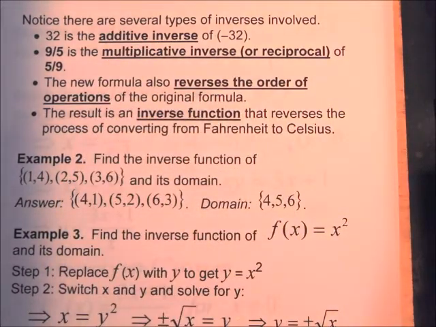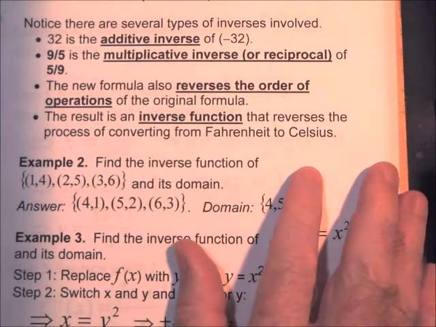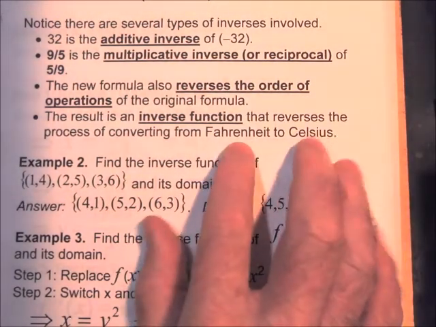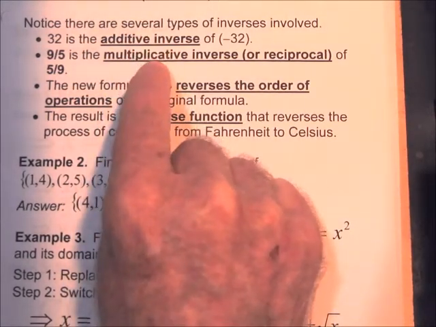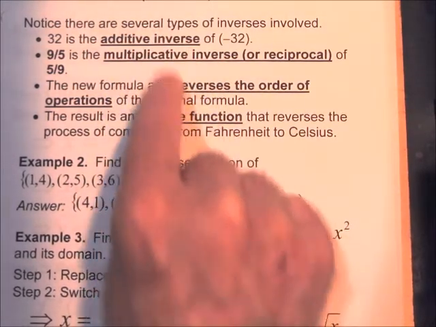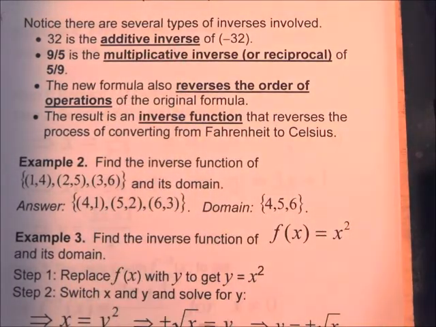But generally, inverse functions don't necessarily involve additive inverses or multiplicative inverses. This one happened to involve several different types of inverses, so I use this as an example to illustrate the differences.